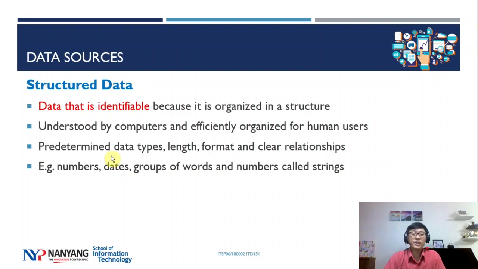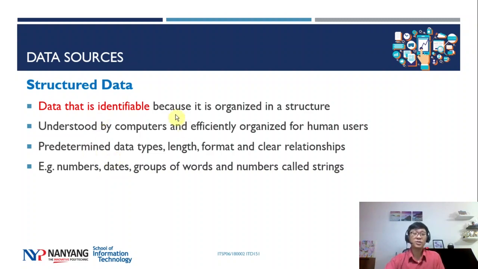Usually this data format comes with predefined data types as well as length. For example, a name has 30 characters, so you can define the length, and it's maybe alphabet text, a string.